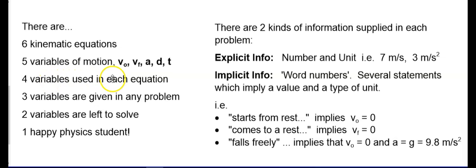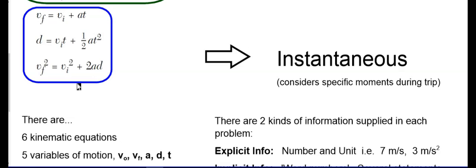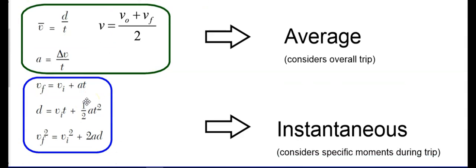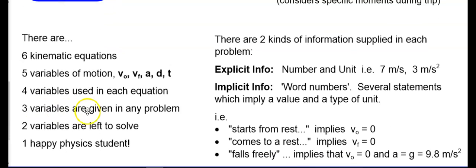In each of the equations above, 4 of the variables are given, especially here in the blue group. So if 4 variables are given, obviously 3 pieces of information must be given to you in any problem. That leaves 2 variables left to solve. Usually the first one is part A of a problem and the second one is part B of a problem, leaving one happy physics student.